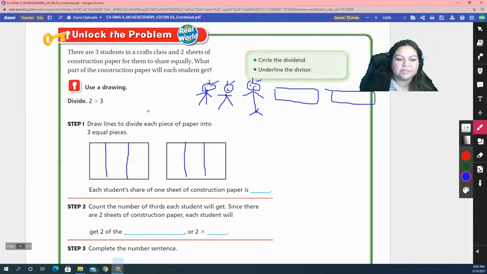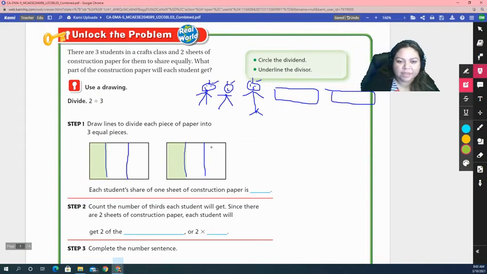And so that means that every student will get one of these pieces, right? So how much paper will each student get? Each student's share of the one sheet of construction paper would be 1/3 from the first paper and another third from the second paper.